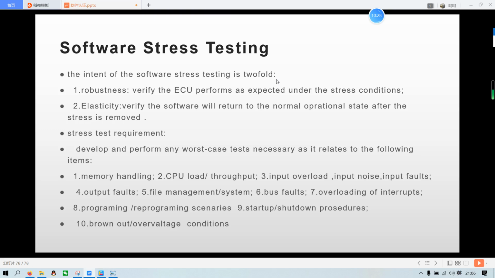Three, the supplier also should submit a stress testing procedure to the OEM expert before starting the stress test. One, preliminary plan shall be provided prior to the IV bench delivery. IV means integration vehicle.